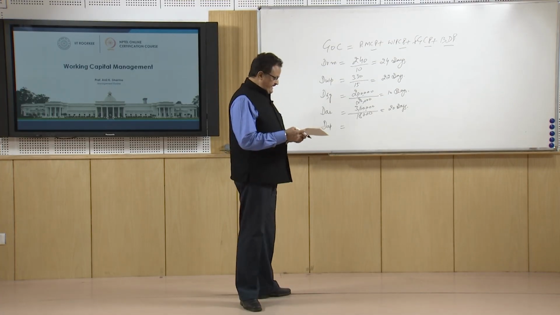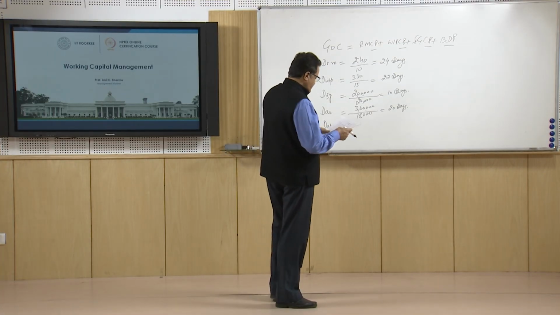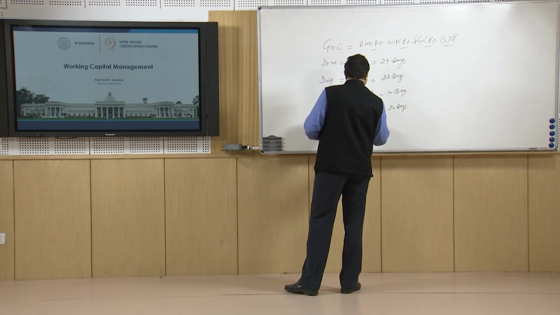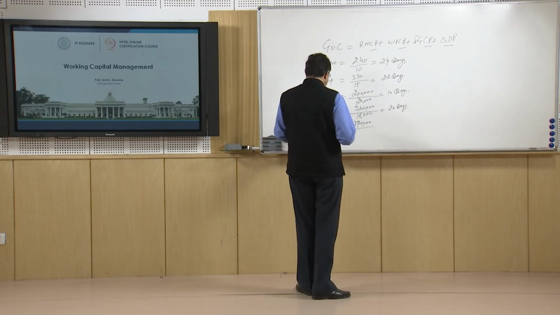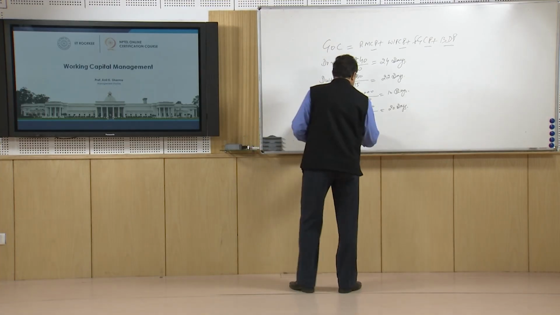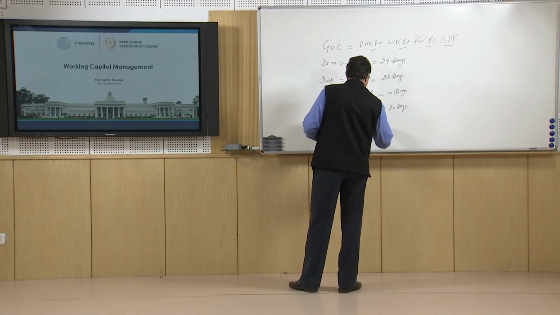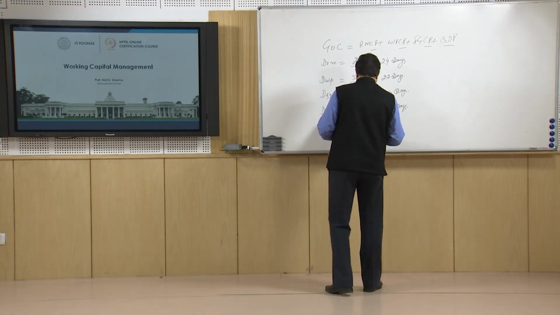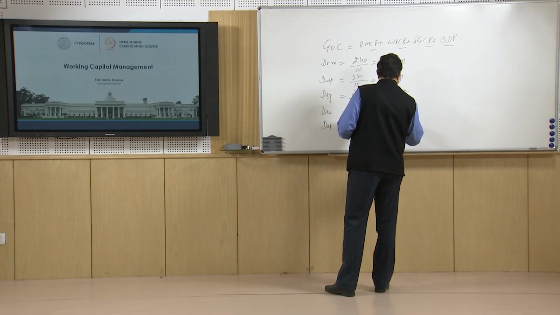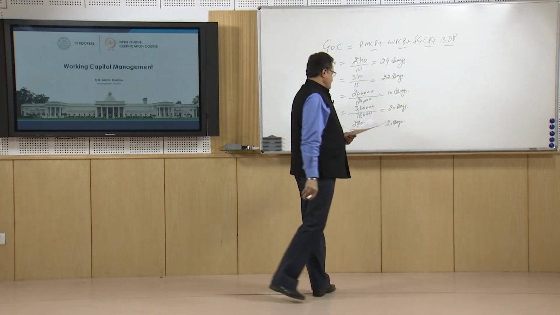The average sundry creditors are 2,20,000, divided by the average credit purchase per day, which is 11,000. So the total duration is 20 days.